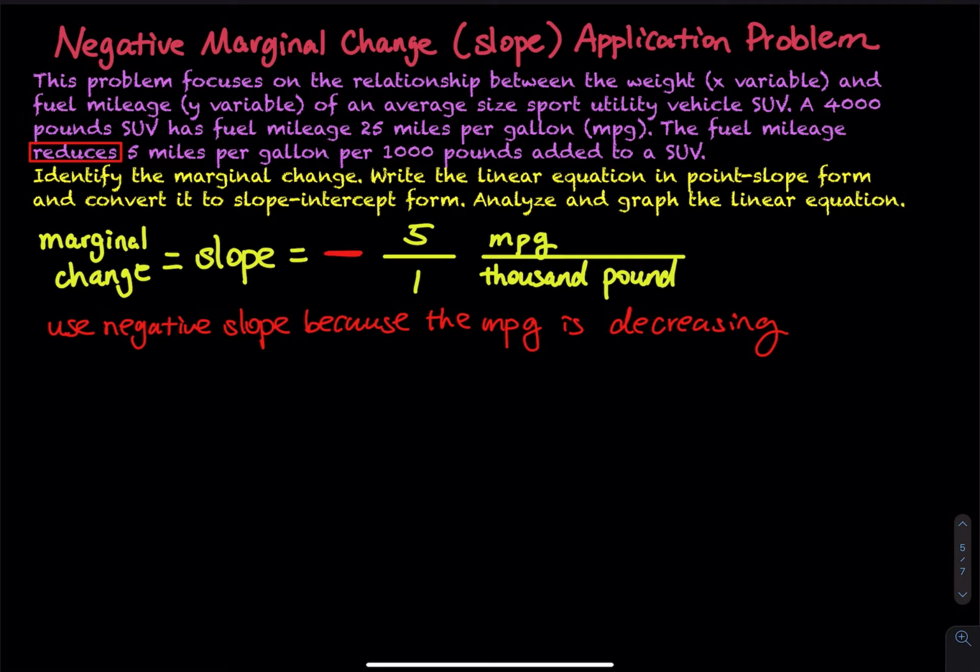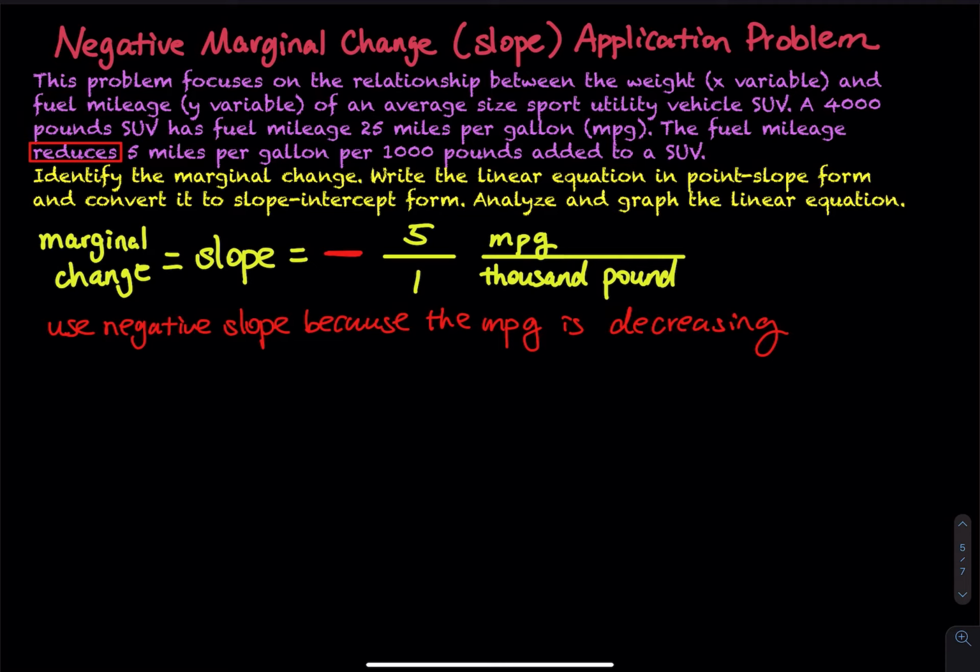So to make the language very easy, we say if the car is very heavy, weighing many pounds, then the fuel consumption is high. Now, we use negative slope because MPG is decreasing.